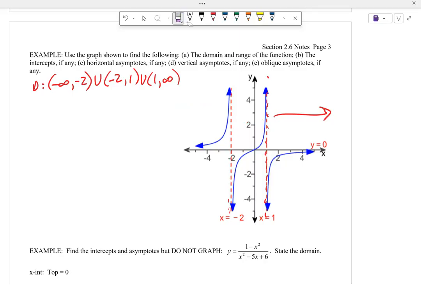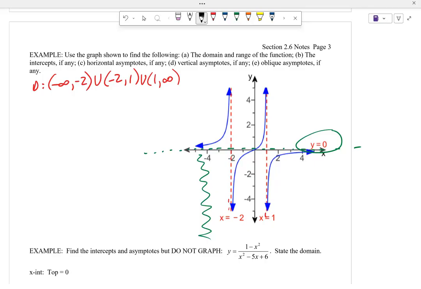And my range, kind of hard to see, but hopefully you notice this y equaling 0. That's a horizontal asymptote right there. And the question is, I'm coming from negative infinity. Do I ever cross a horizontal asymptote?